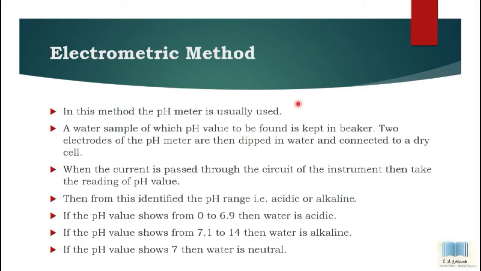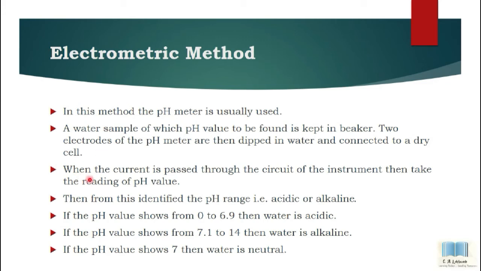Then the second method is the electrometric method. In this method, the pH meter is usually used. The water sample whose pH value is to be found is kept in a beaker. Two electrodes of the pH meter are then dipped in the water and connected to a dry cell.